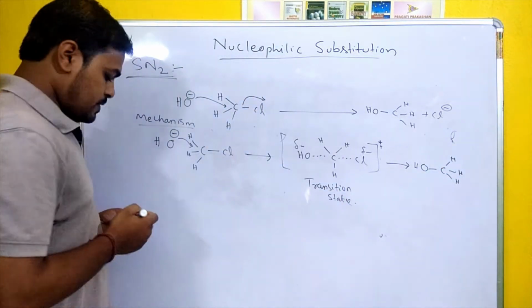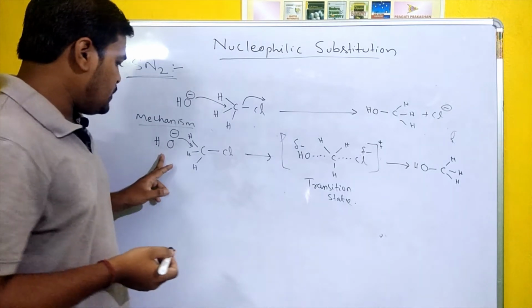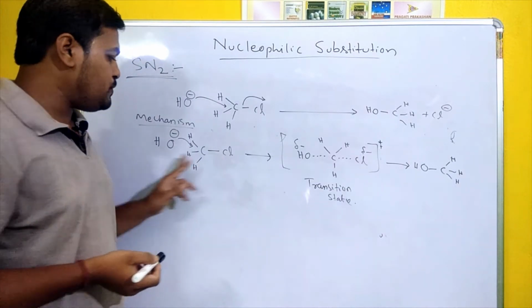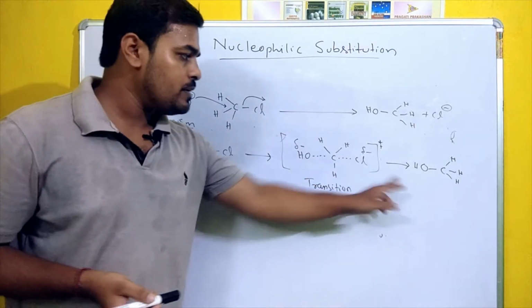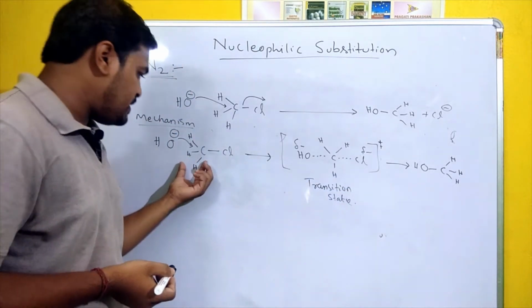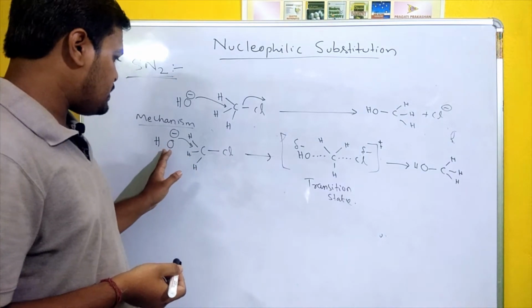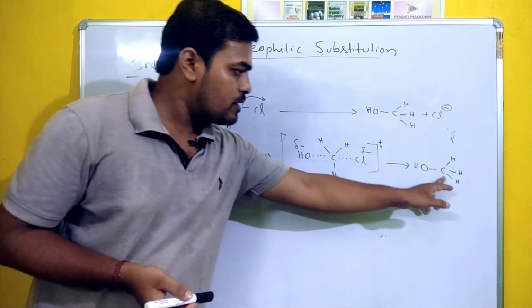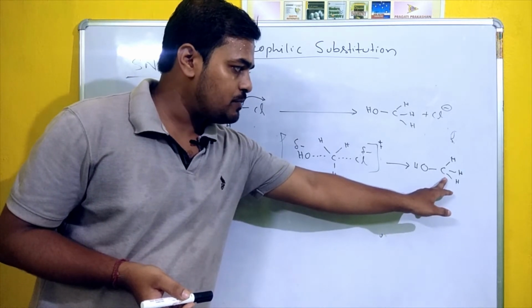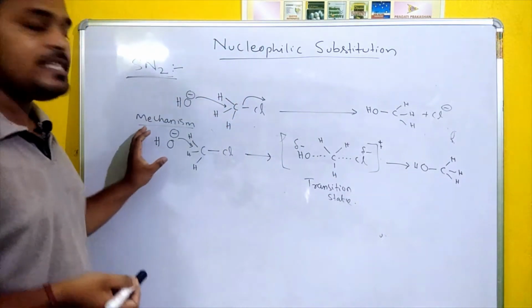As you can see, the nucleophile comes from the backside of the leaving group, and when the product is formed, the hydrogens present on the attacking side of the nucleophile come back to the backside of the carbon because the nucleophile is rich in electrons.